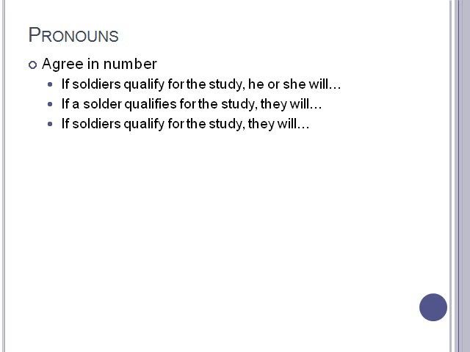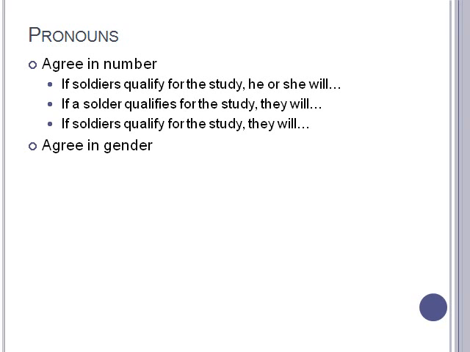So the best way to do it, if you want to avoid gender-biased language, but also have noun-pronoun agreement, is if soldiers qualify for the study, they will blah blah blah. And you could put if a soldier qualifies for the study, he or she will blah blah blah, and that will be fine too. Just make sure they agree. But again, if you are stumbling over the he or she, use they. But if you use they, make sure that the noun it's referring to is also plural.